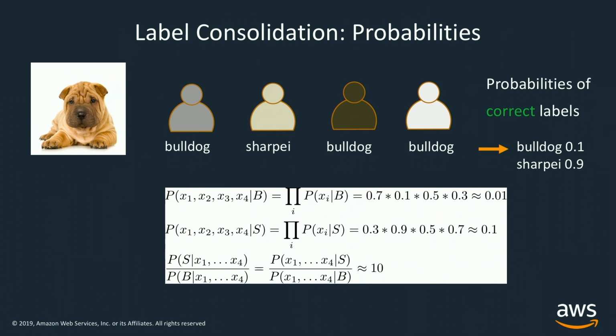We do a calculation of the probability of this correct label, and in the end we're actually going to say it's a Shar-Pei at 90%. There's a lot of science behind it. That's why ground truth will help you a lot with labeling the data. Not only does it automatically label the data, but it also does a lot of machine learning behind the scenes to calculate how good your individual human labelers are, and it will trust one more than the other. Does that make sense?